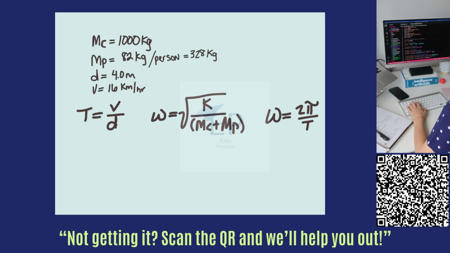So putting all of these together, we actually will use the equation 2 pi v over d equals the square root of k divided by the mass of the car plus the mass of the people.